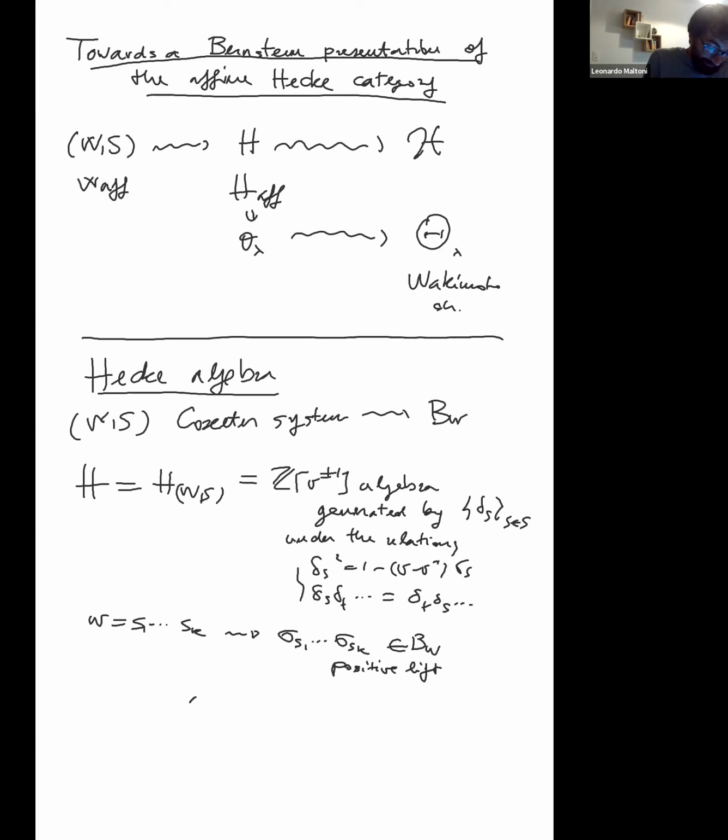And so also to the Hecke algebra, and we have elements δ_w = δ_{s_1} ... δ_{s_k}. These are well defined, and also by the first relation, the involution relation, they are invertible.